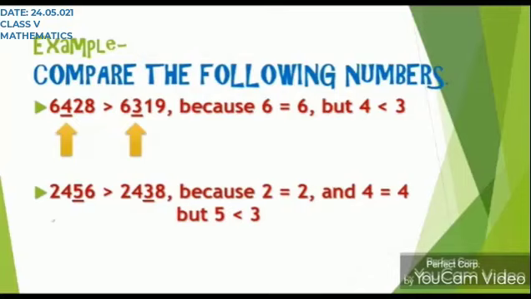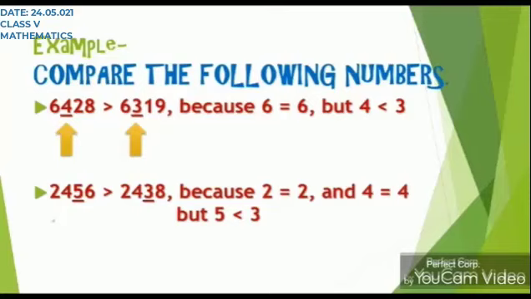Moving towards another example, which is 2,456 and 2,438. Here we can see that both of these numbers again have the same number of digits, and both have 2 as their extreme left digit.